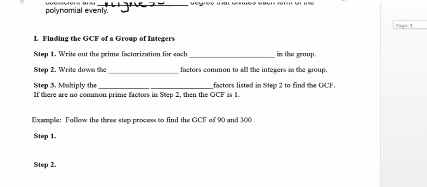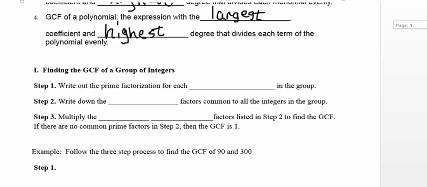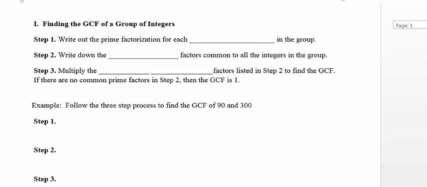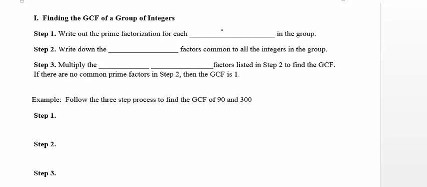So when we want to find the GCF of a group of integers, we will write out the prime factorization for each integer in the group.